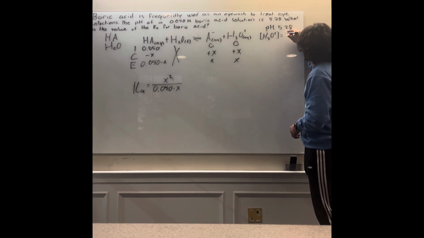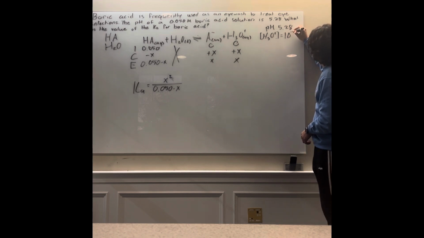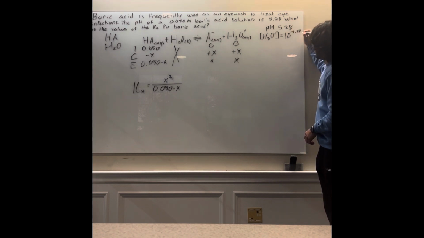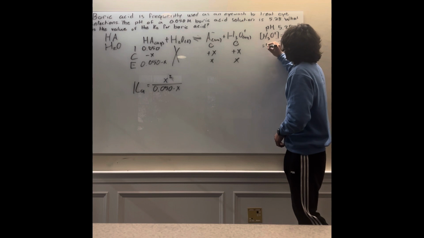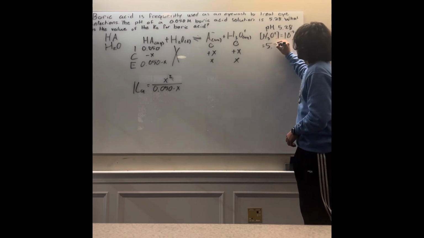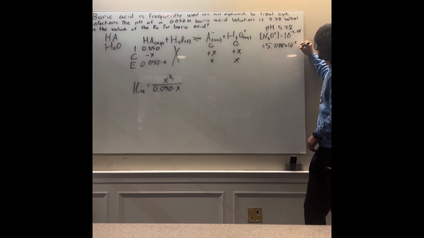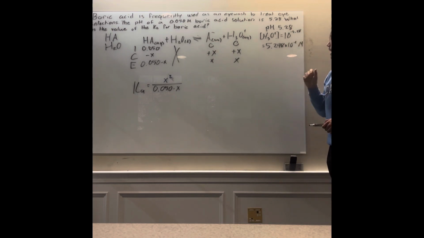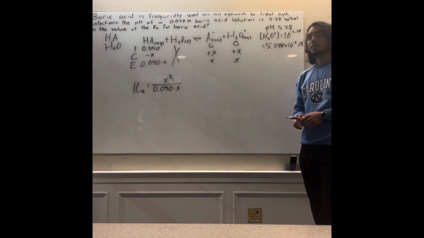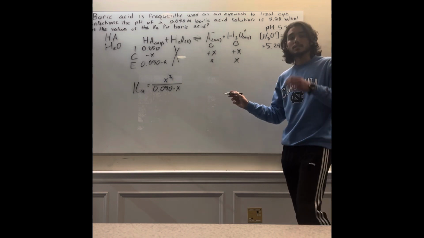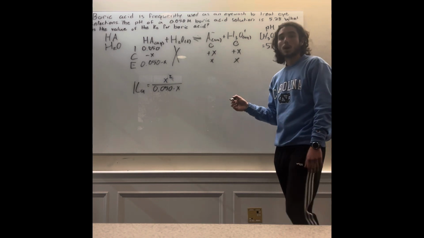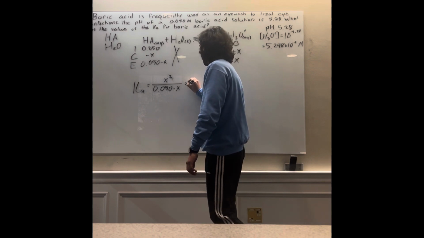And so we can say that our concentration will be 10 to the negative 5.28. This will give us a concentration of 5.248 times 10 to the negative 6 molar. And so we can use this value to substitute in for our X's to solve for our Ka value.